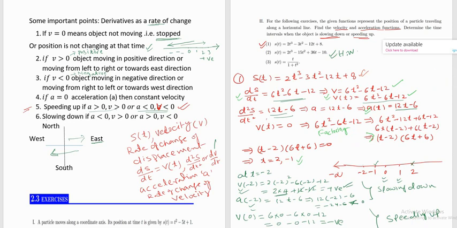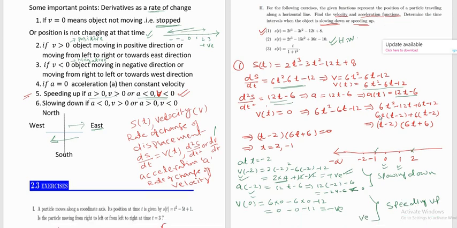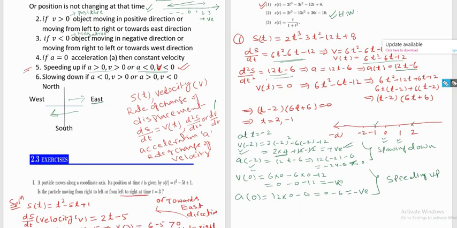So what you have to do now is check at t is equal to 2 and the other root, what happens?